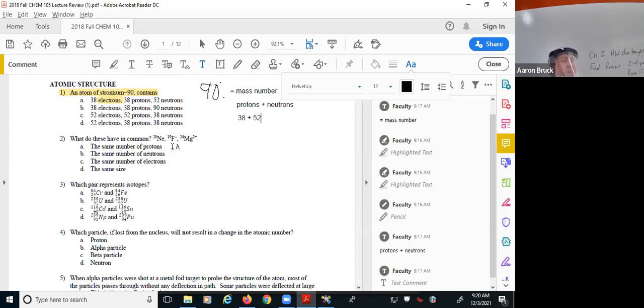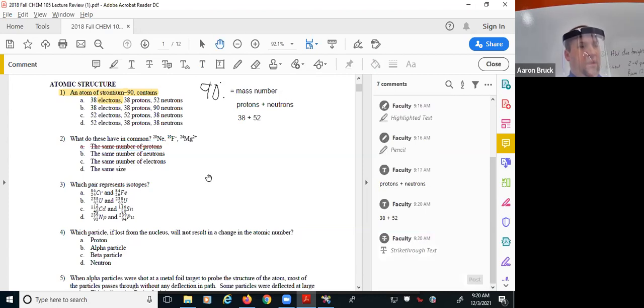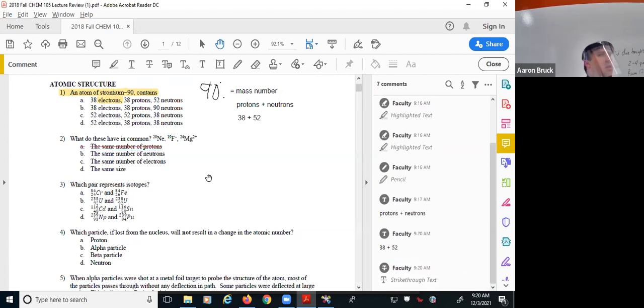Again, based on definitions, immediately we should throw out letter A. Remember, protons are related directly to the identity of an element. So if they have the same number of protons, they would all be the same element. Obviously, we have 3 different elements there.